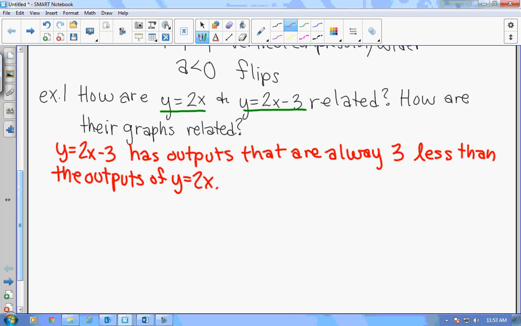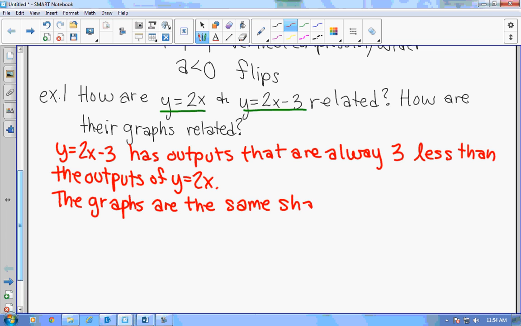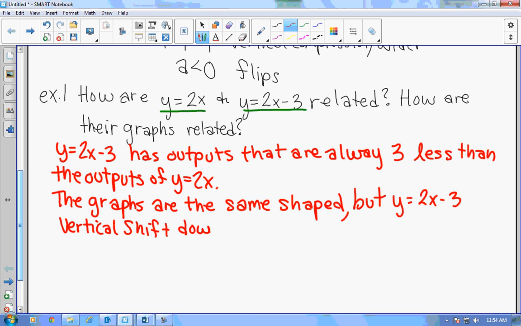They have the same shape. The graphs are the same shape because the slopes are the same, 2 and 2. And they're both linear. They're the same shape, but y equals 2x minus 3 has a vertical shift down 3 units.